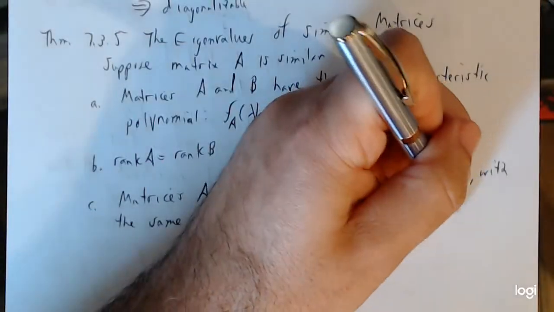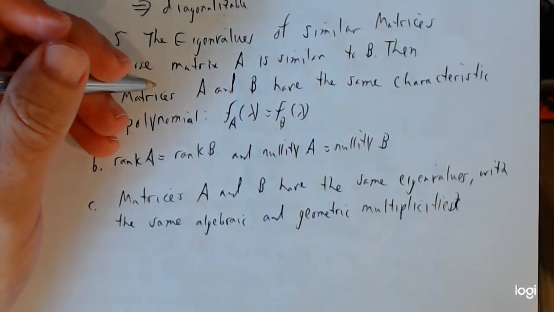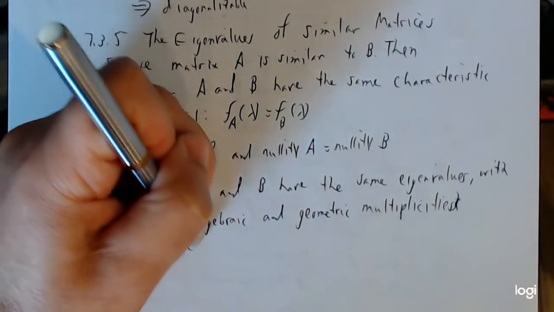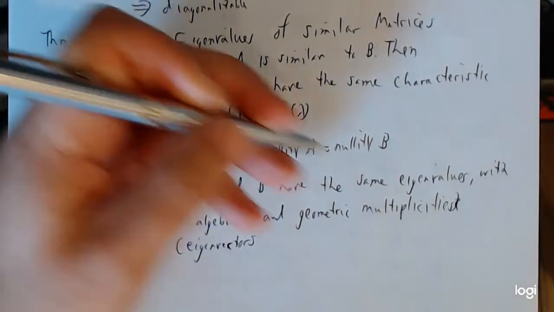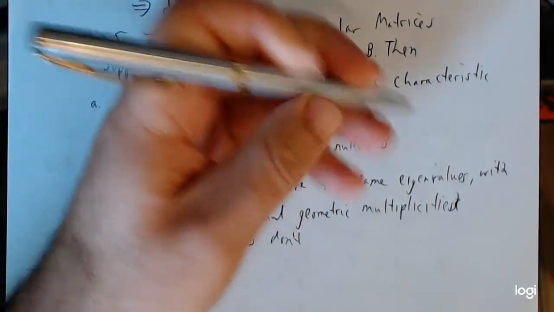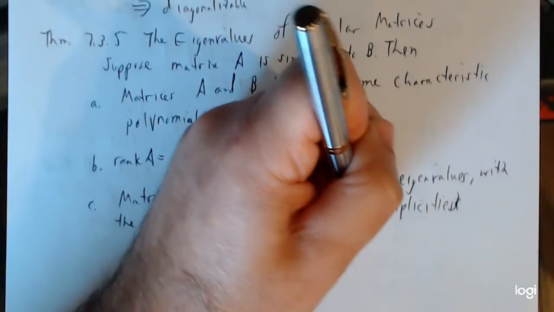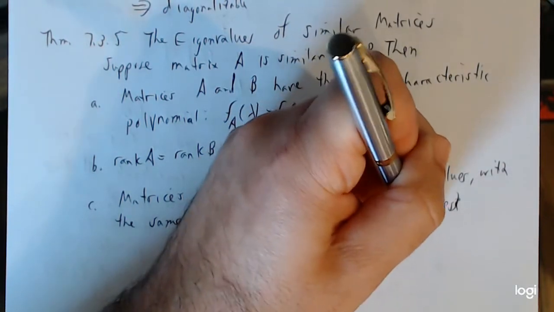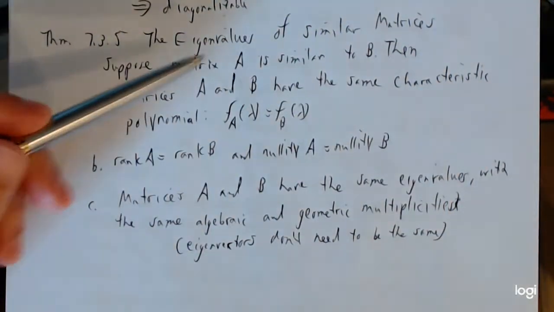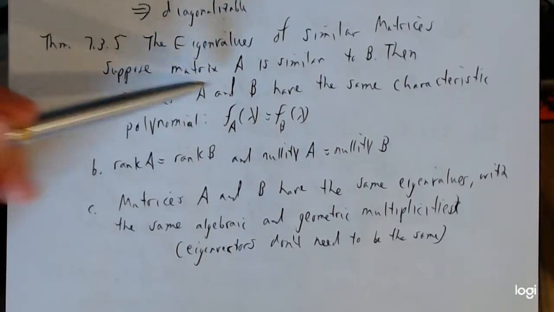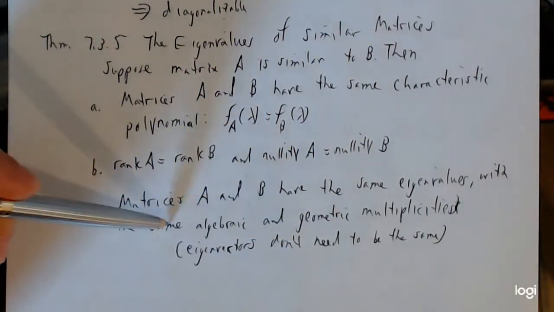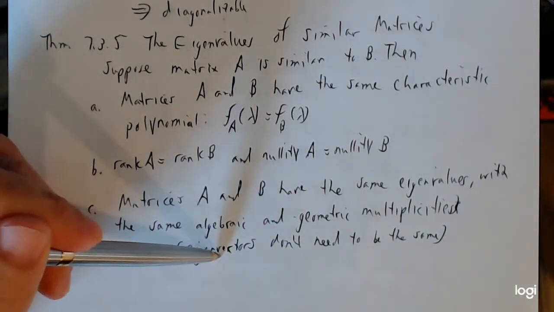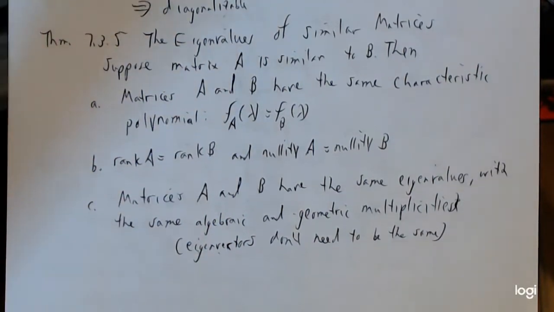Okay. One comment I want to make here is that their eigenvectors don't need to be the same. Hopefully you understand why, right? When we say matrix A and B are similar, we're not saying they're exactly the same matrix. It's just that they have the property that AS equals SB. So the number of eigenvectors will be the same, but the eigenvectors themselves do not necessarily need to be the same.